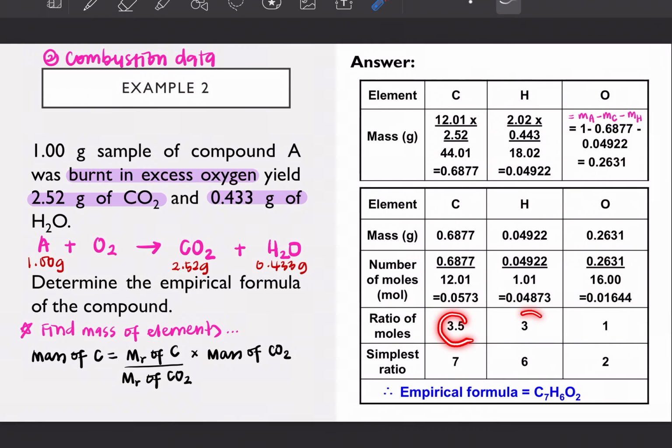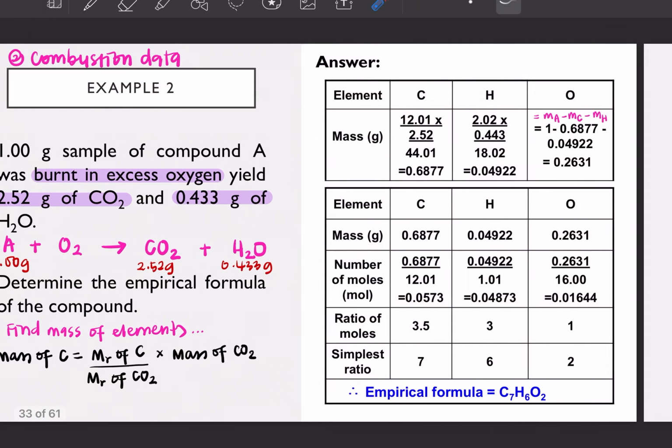When you get this, the first step is to multiply by 2. If you already have whole numbers, you can stop there. If you haven't gotten whole numbers, try multiplying by 3. And finally, we get our empirical formula.